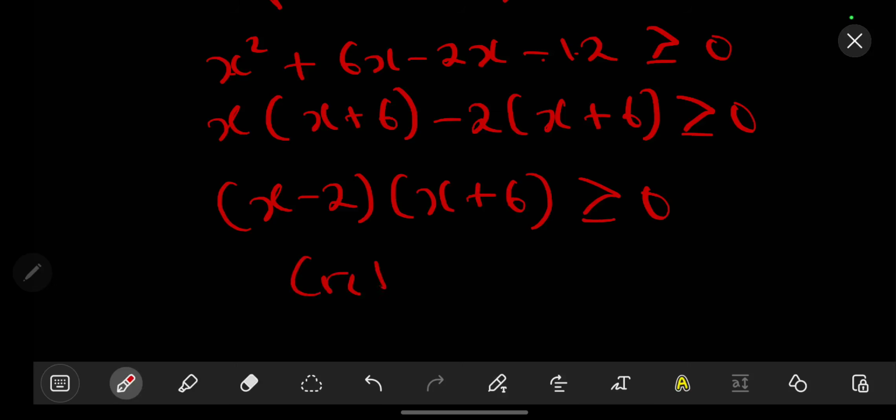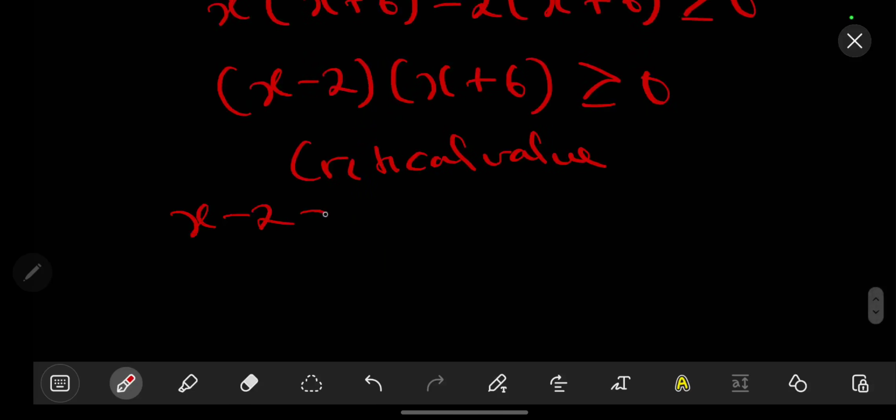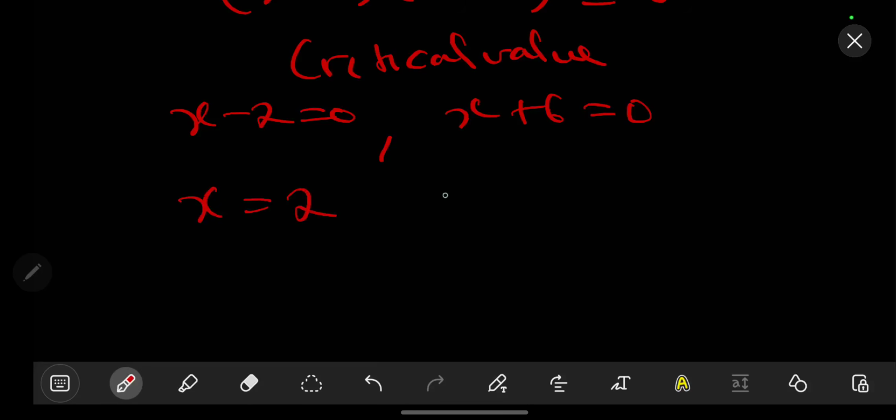From here, let's find the critical values. For the critical values, we set x minus 2 equal to 0 and x plus 6 equal to 0. So x is equal to 2, and x should be equal to negative 6.